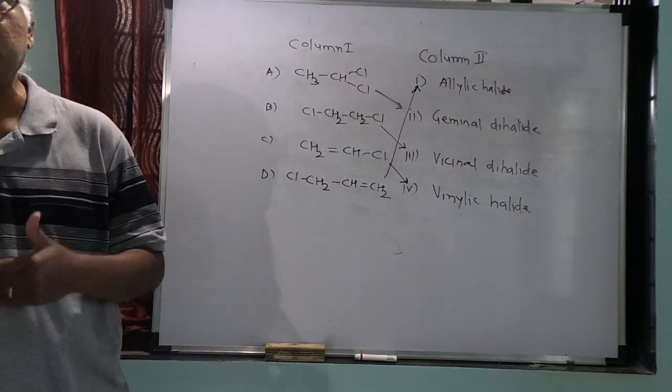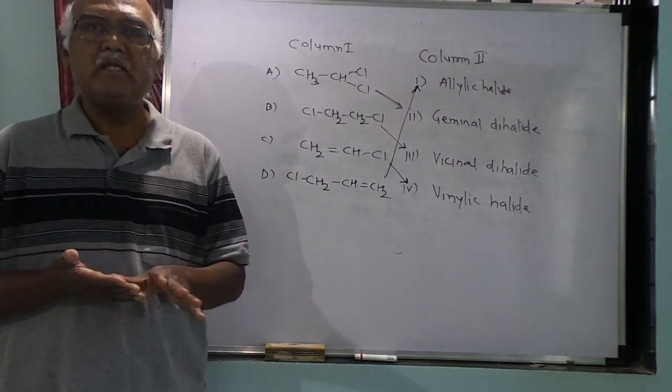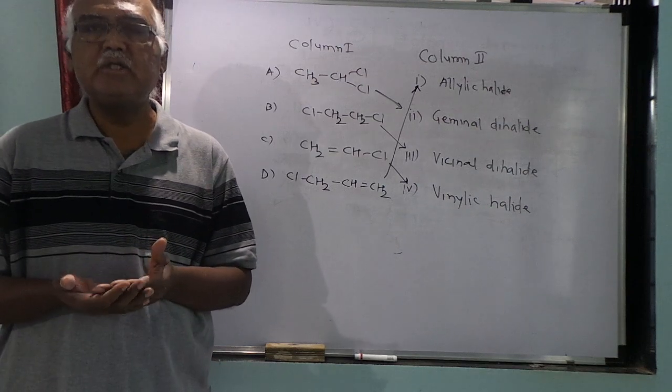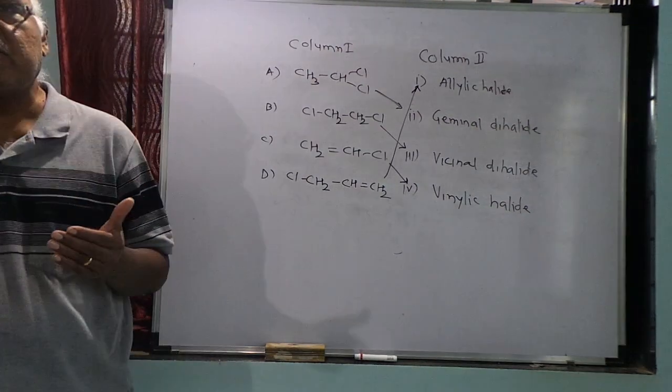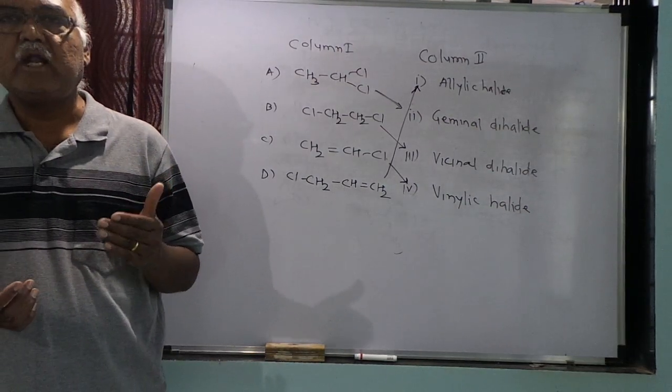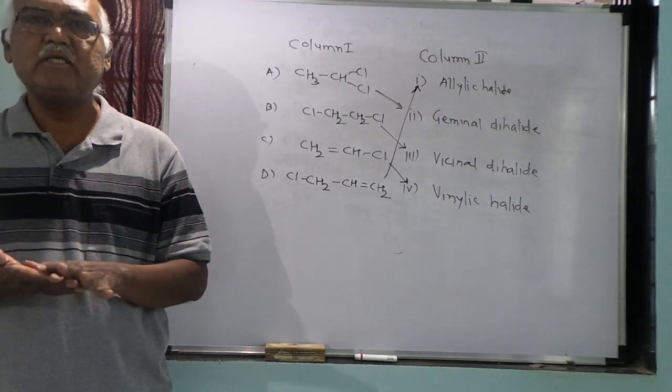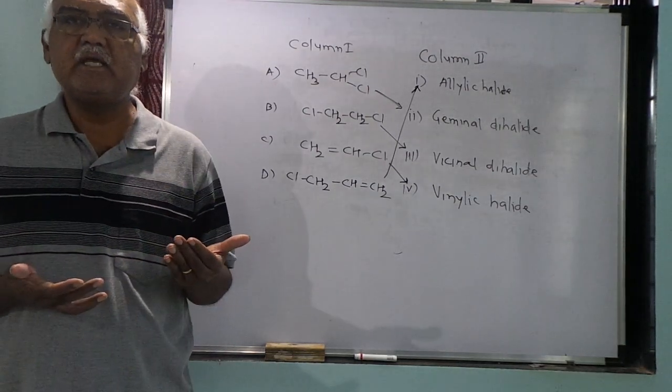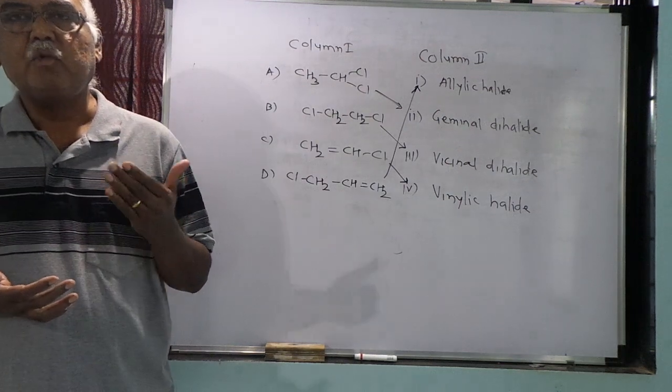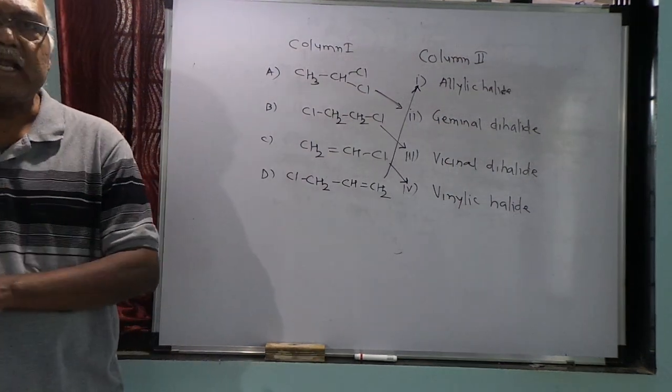We are going to see some more examples, but in the next video we are going to see the preparation methods for these halogen derivatives. So we'll see the first preparation method, the preparation of monohalogen derivatives or alkyl halides.